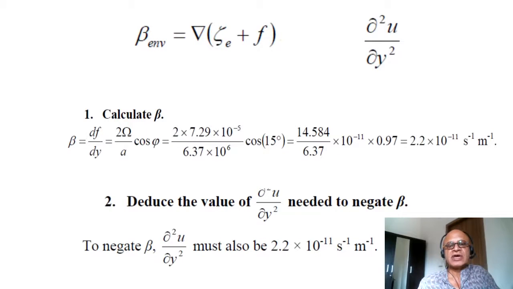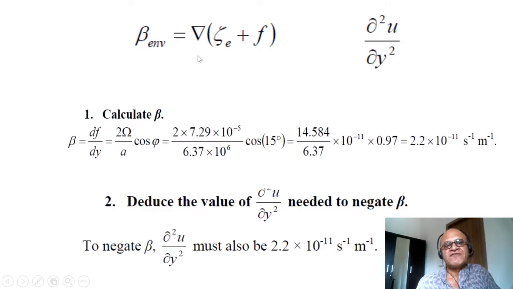So basically you can think of beta of the environment as the gradient of zeta environment plus f. So the background weather system or winds that we are in is not uniform, non-time varying. It can still be non-time varying, but it has gradients, vertical gradients du/dy, which is giving us a background vorticity in addition to the planetary vorticity.